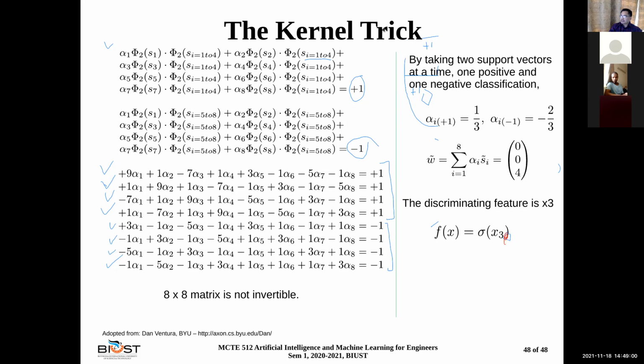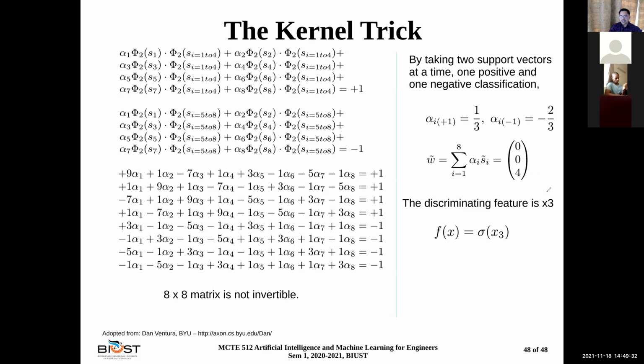The answer is that alpha for positive classification is 1/3, and alpha for negative classification is -2/3. Now if you compute this alpha with respect to the S1 value, you have 0, 0, 4. That means your X1 and X2 is 0, and it is the third value that makes the classification.